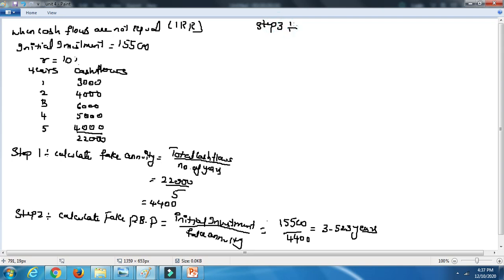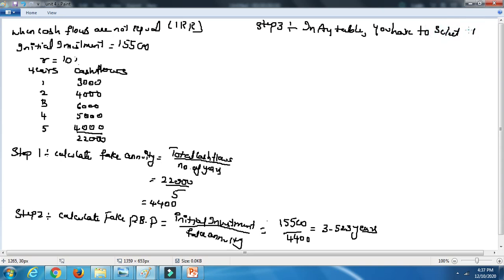Step 3. Now you need to take the closest values to 3.523 in the A4 table. Remember this. In the A4 table, you have to select the two closest values according to our steps.